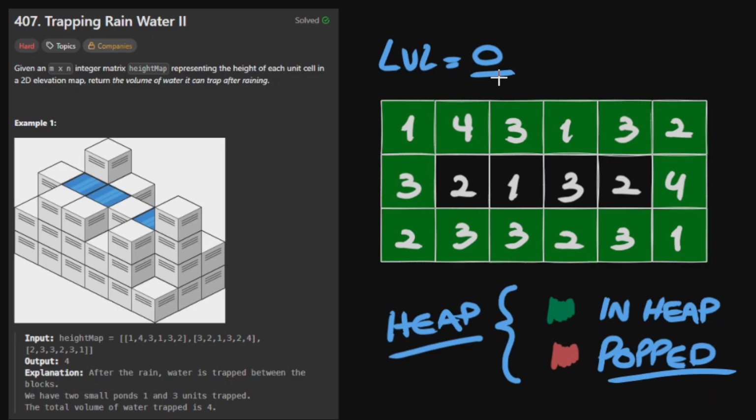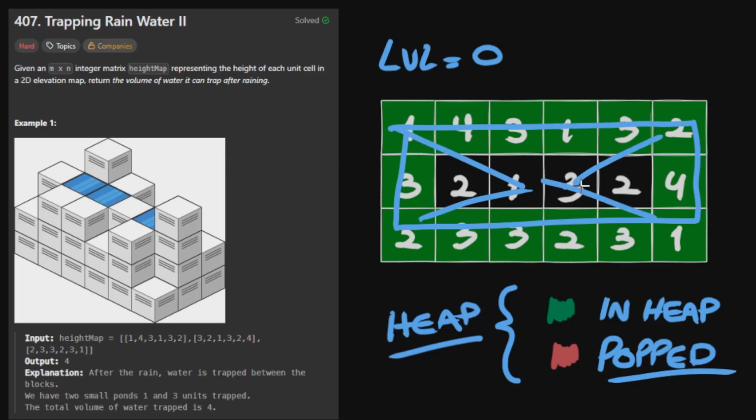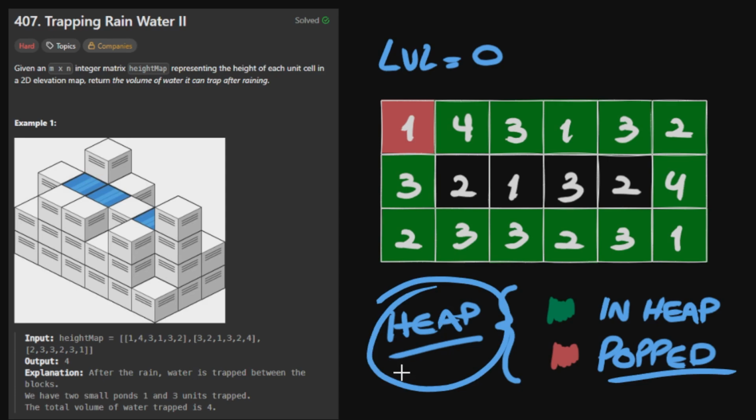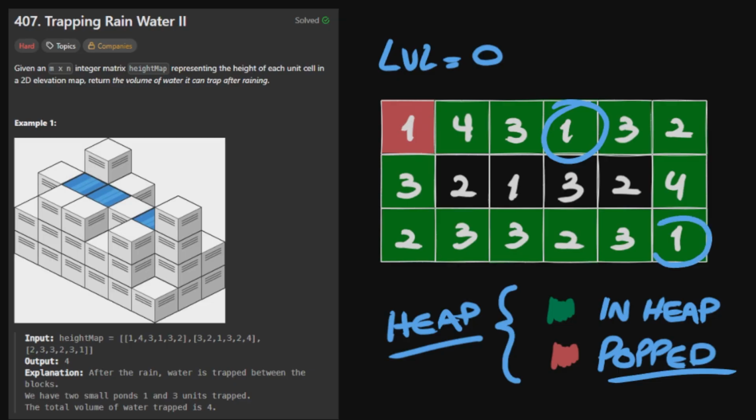We start from 0, and you will see why we are using this in a few minutes. So remember, we start from the border and we are moving towards the middle. Now we pop the first value in the heap, meaning the minimum value, so we pop this one. We could pop this or this instead, but let's say we start with this one.